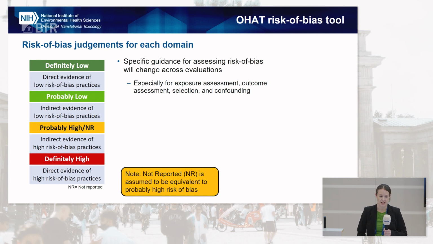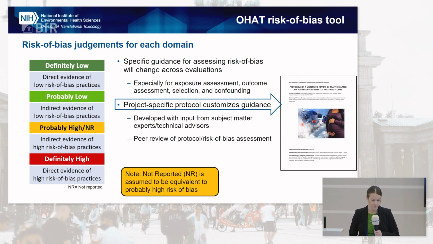We use specific guidance to assess the risk of bias, and this guidance helps the reviewer choose which rating to give for each question. And that guidance will change across evaluations. It's topic dependent. This is especially true for the exposure assessment, outcome assessment, selection, and confounding domains.